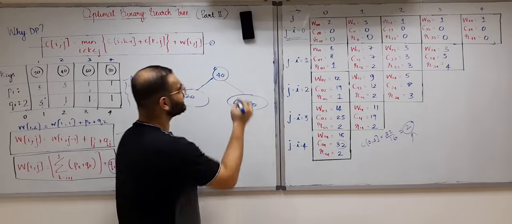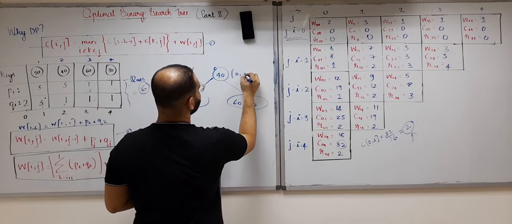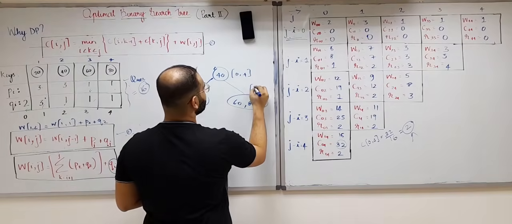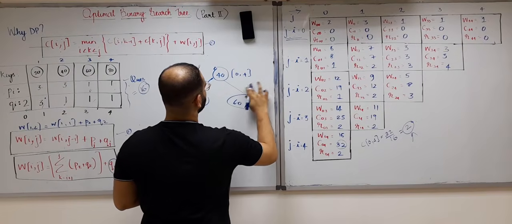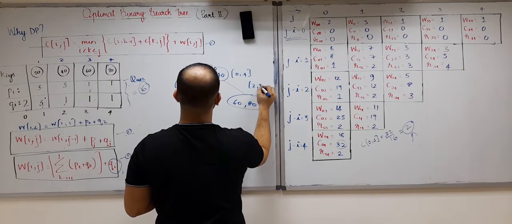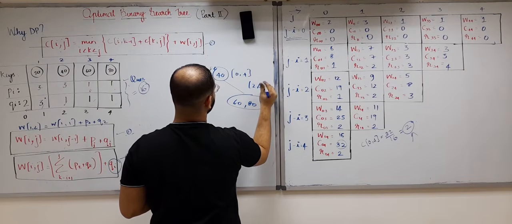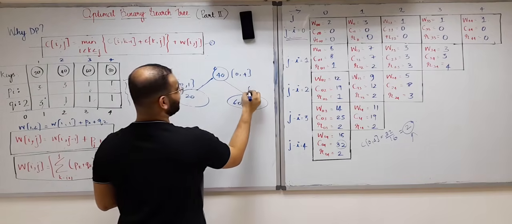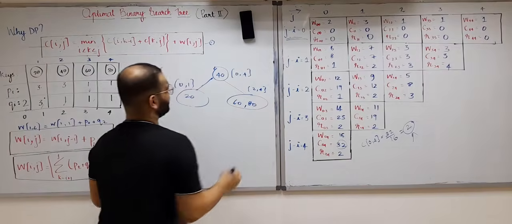Okay, so basically this was 0,4, the range of 0,4. It got divided in this way: it became 0,1 on the left and 2,4 on the right, right?